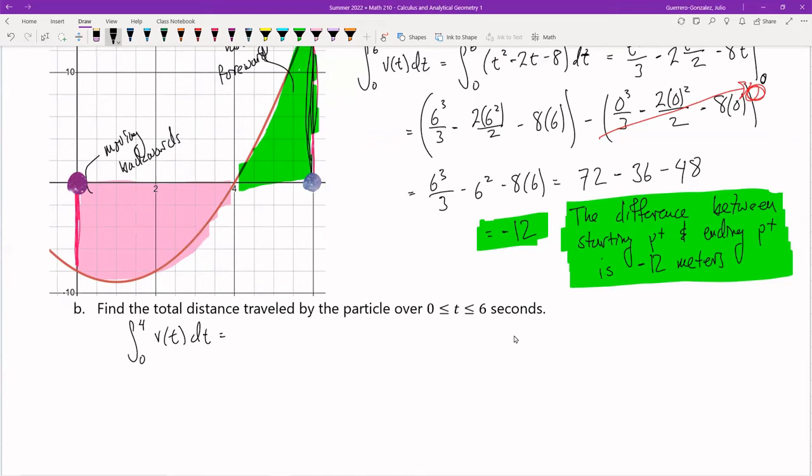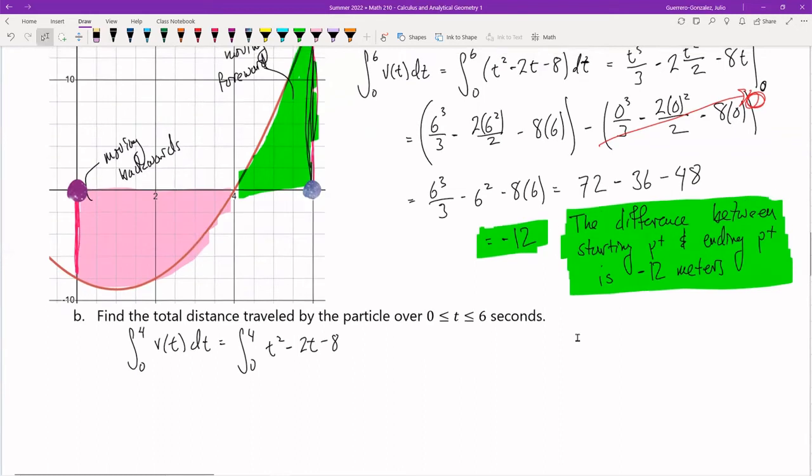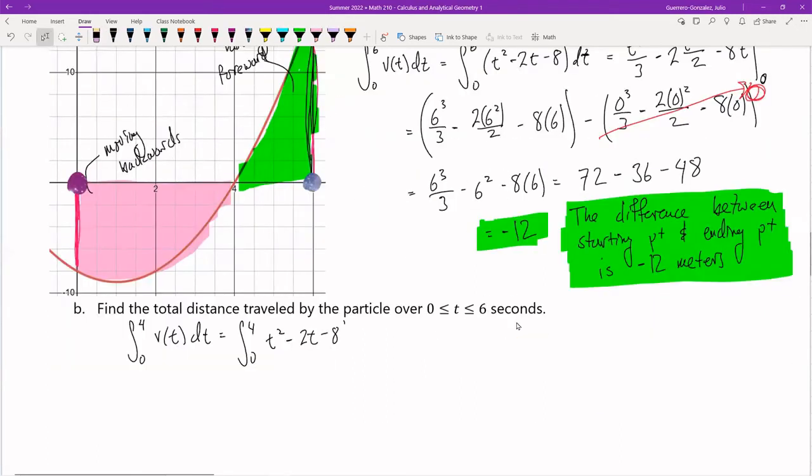Okay, and that integral is going to be the integral from 0 to 4 of v of t, which was t squared minus 2t minus 8, dt. We know what the integral is, right? t cubed over 3 minus t squared minus 8t, all evaluated from 0 to 4, right? And we're off to the races.